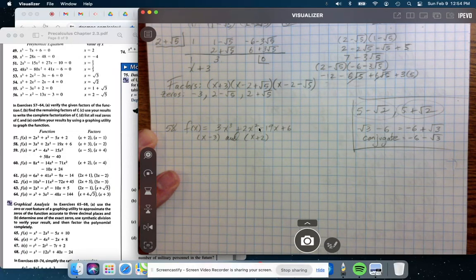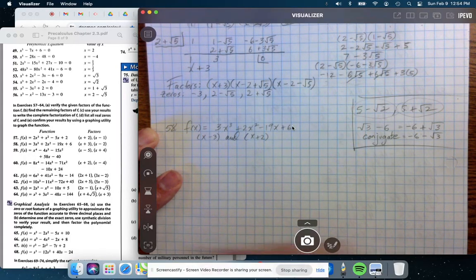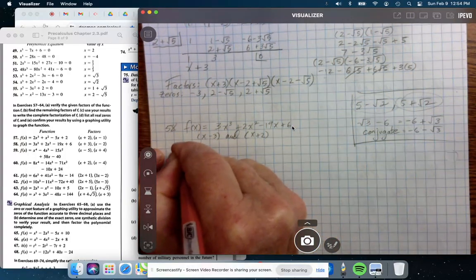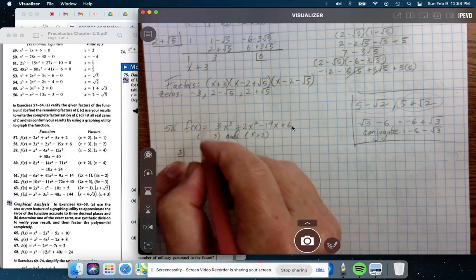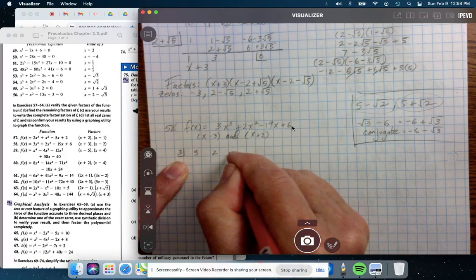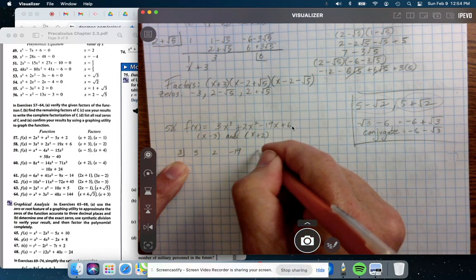But since we're dealing with synthetic division, and it doesn't say how to verify the factors, we're just going to stick with synthetic division. All right, so x minus 3 means you're going to divide by 3. You're going to use 3 in your synthetic division, and the numbers are 3, 2, negative 19, and 6.